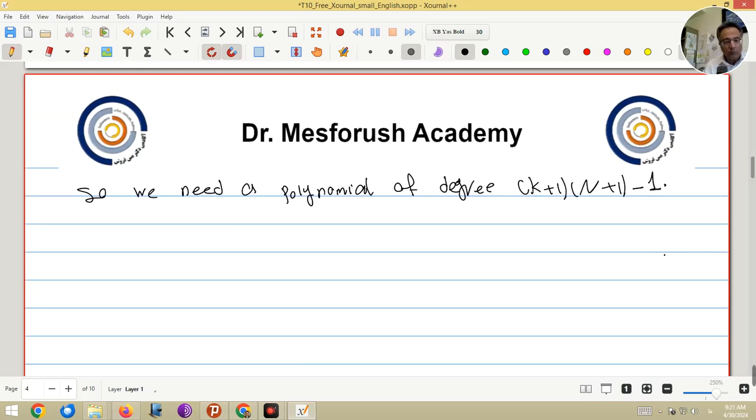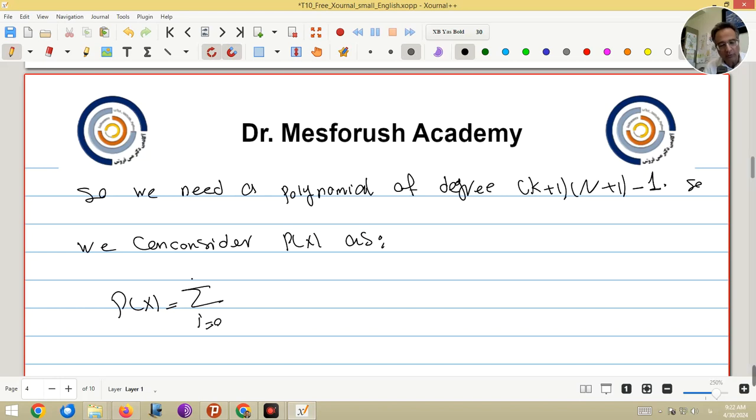Okay, so we can consider p of x as, we define p of x to form sum i equal to 0 to m of ai x to the power of i, where m is equal to k plus 1 times n plus 1 minus 1.